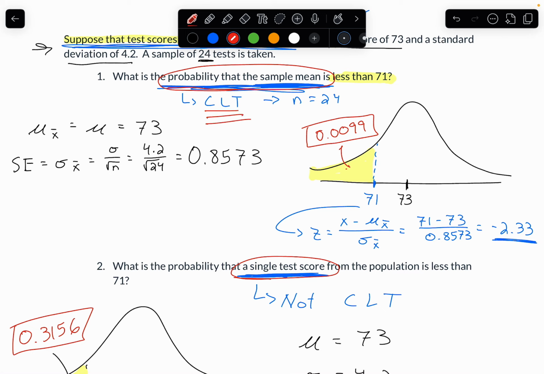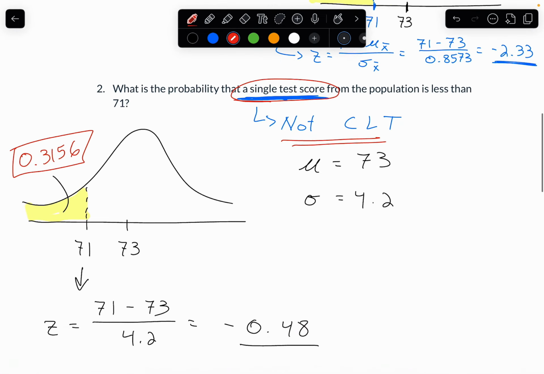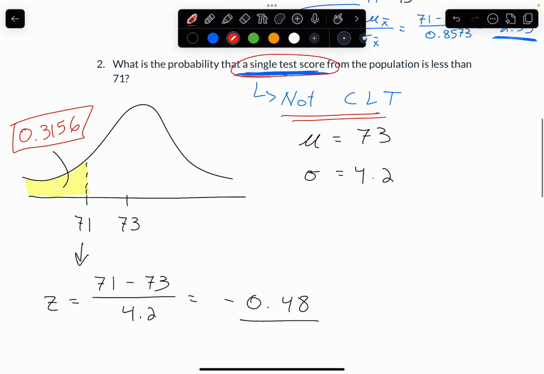We are always using that central limit theorem. Versus if we're talking about the probability of a single individual value from our population, that means we are not using our central limit theorem. We're just using the regular old mean and standard deviation from our population, as long as we know that our population is normally distributed.